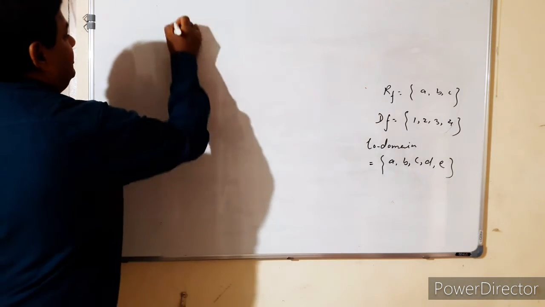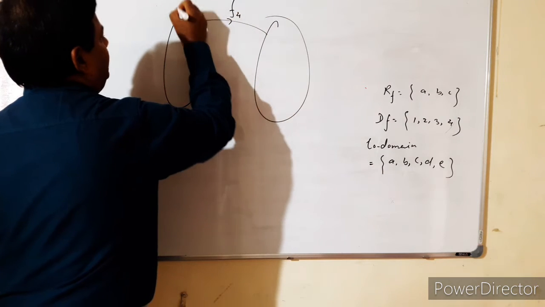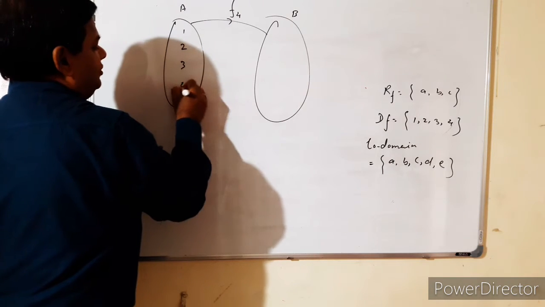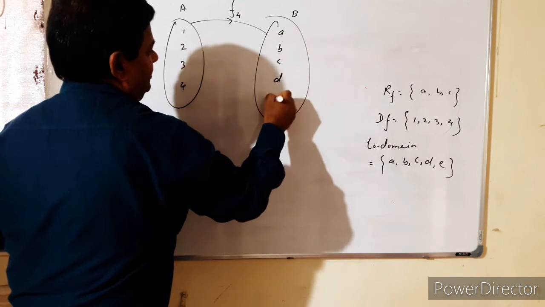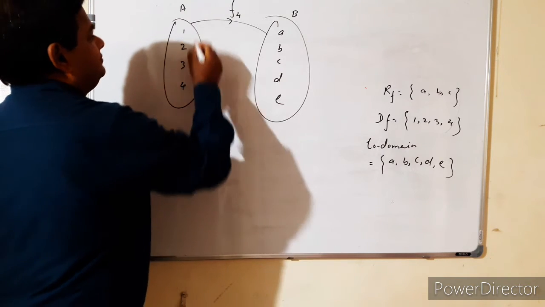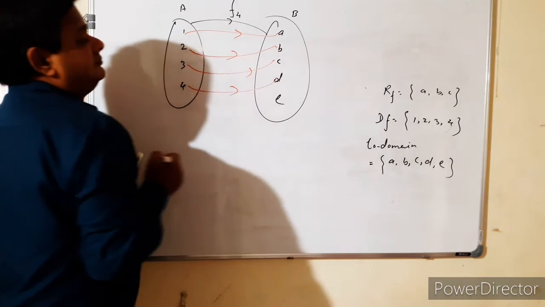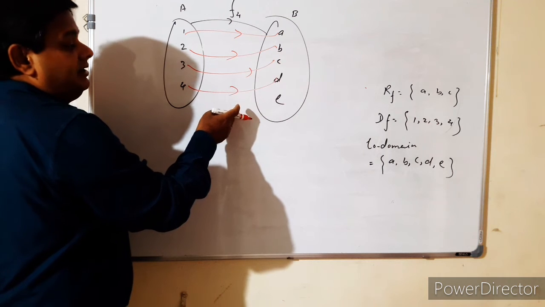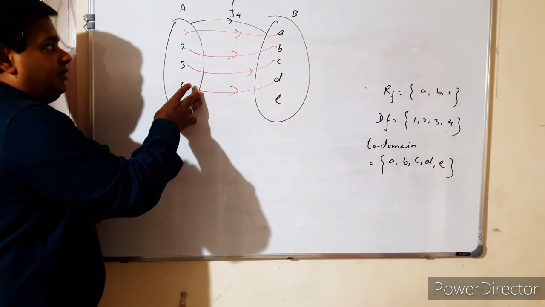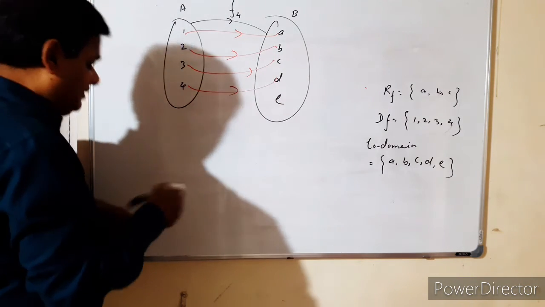Here figure number 4. Suppose this is F4, set A, here set B. Suppose here 1, 2, 3, 4, and A, B, C, D, E. Each element of set A has an image in set B. That's why F4 is a function.